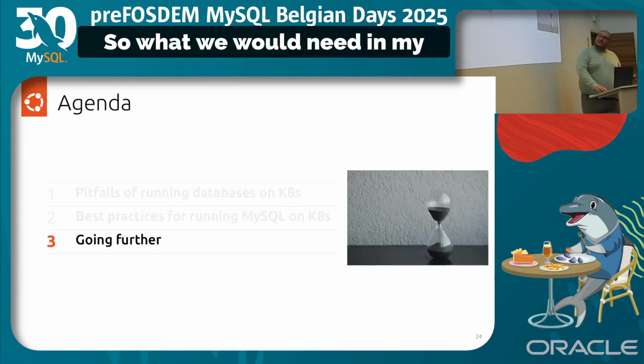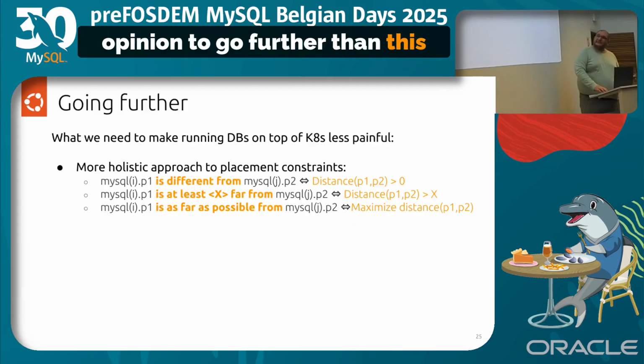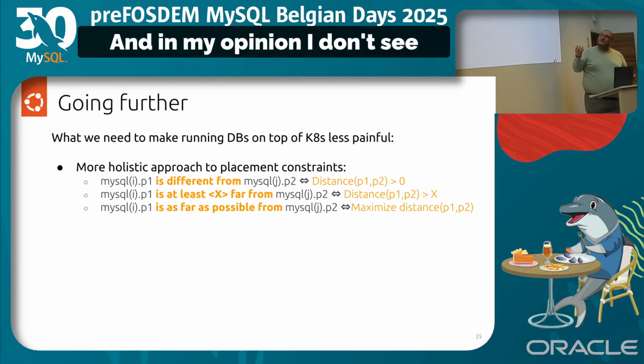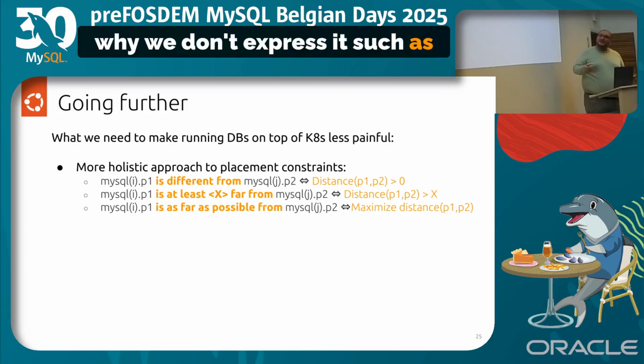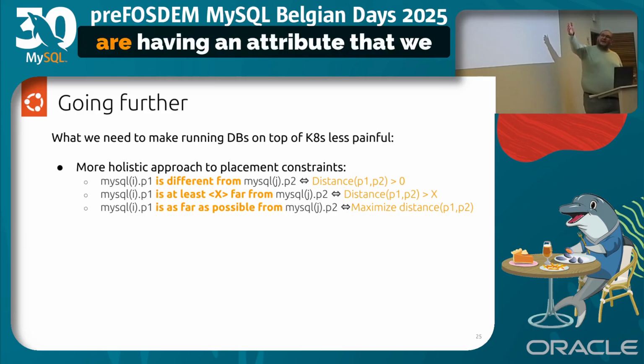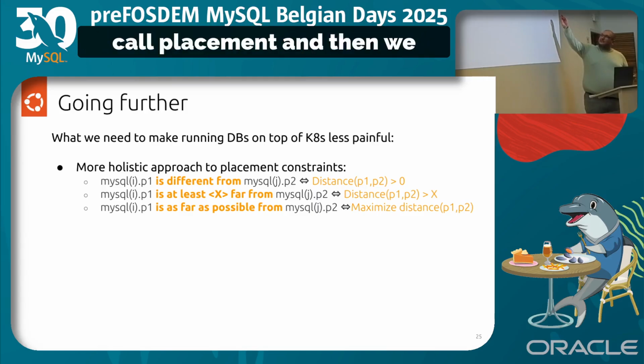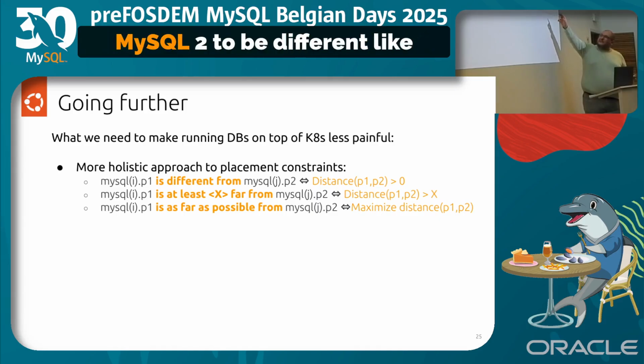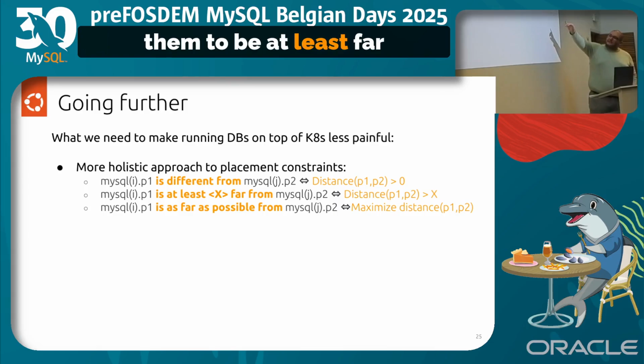So what we would need, in my opinion, to go further than this is, first of all, a more holistic approach to placement constraints, because to me it looks like an optimization or constraint problem. And I don't see why we don't express it as such, where we have an attribute that we call placement, and then we express things like, I would like the placement of MySQL 1 and MySQL 2 to be different, like distances 0 to 0, or I would like them to be at least far.